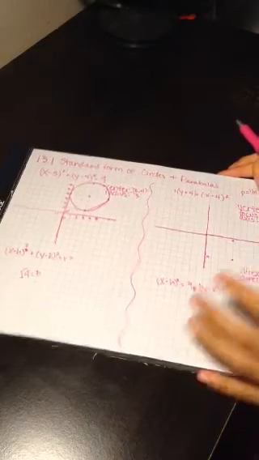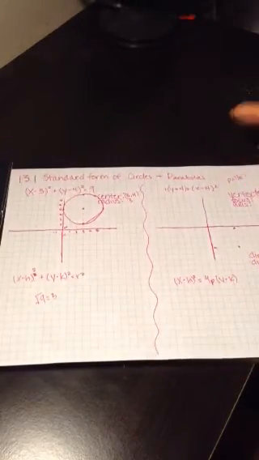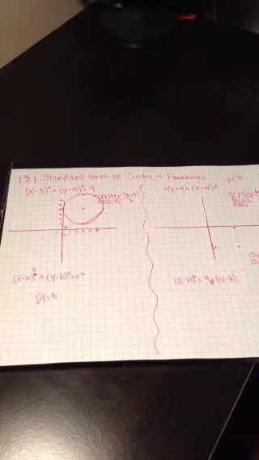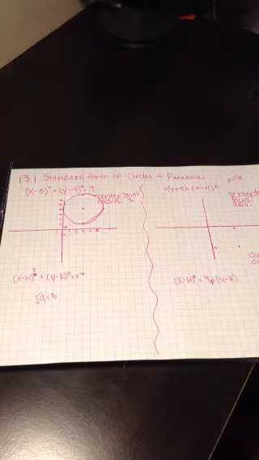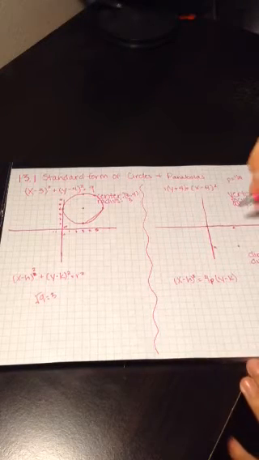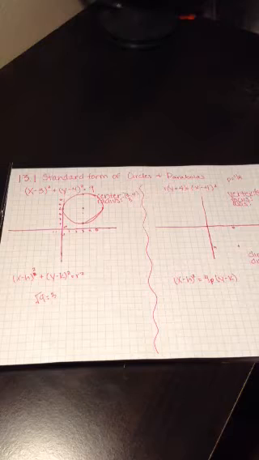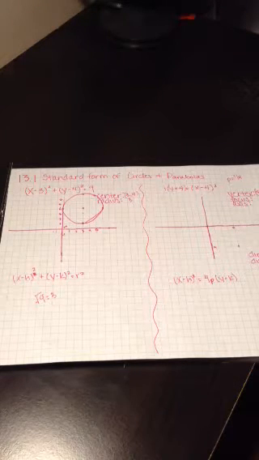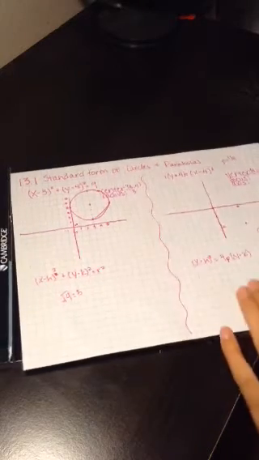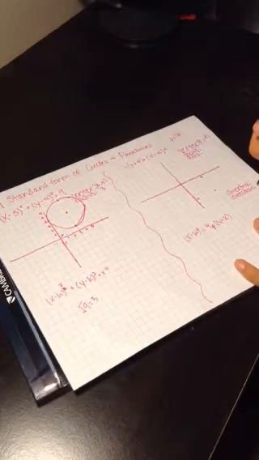Because x is being squared in this problem, the graph will either go up or down. In this case, it'll open up, so that's the direction that it's going.